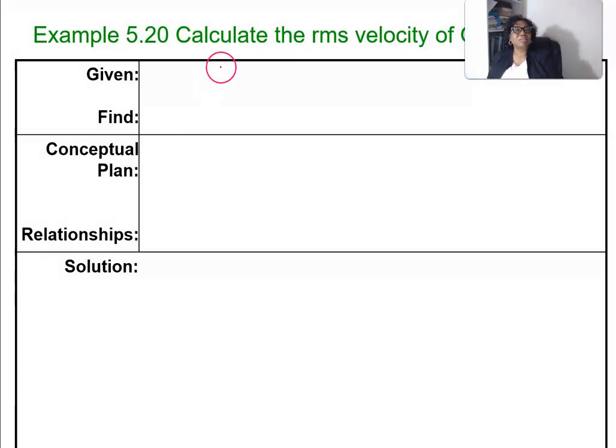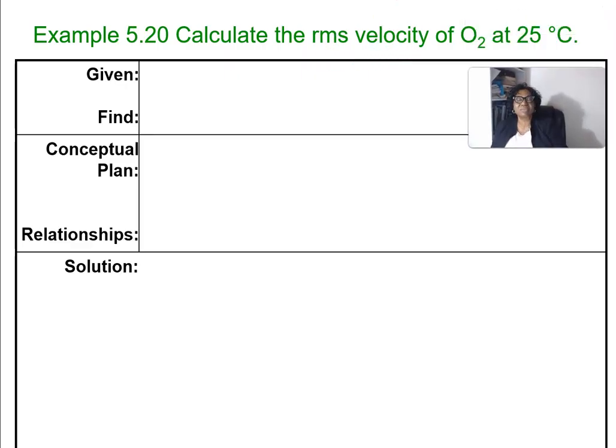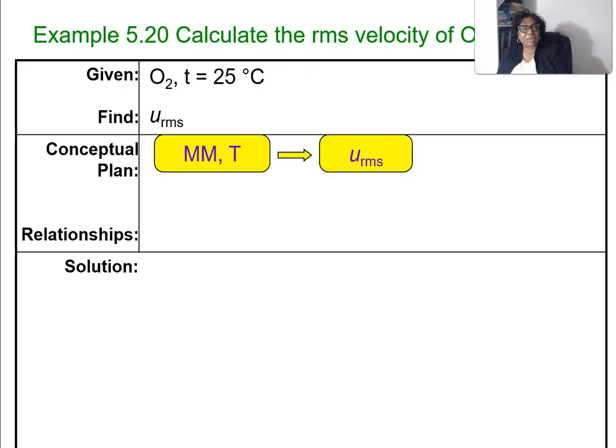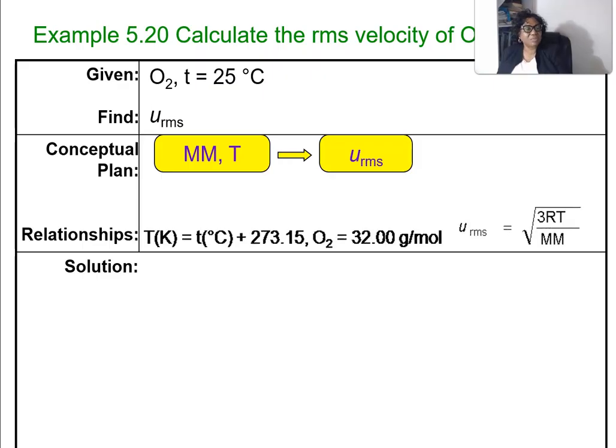So I want to calculate the root mean square velocity of oxygen at 25 degrees Celsius. So that's our temperature. This is what we want, that's the molecule. So this is our equation.